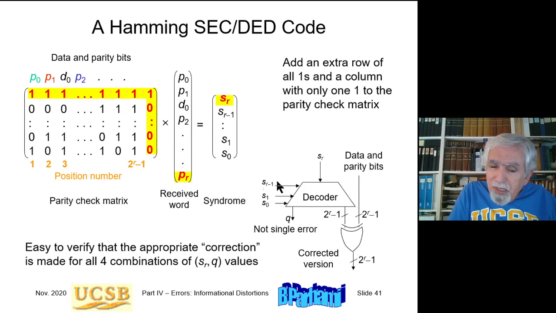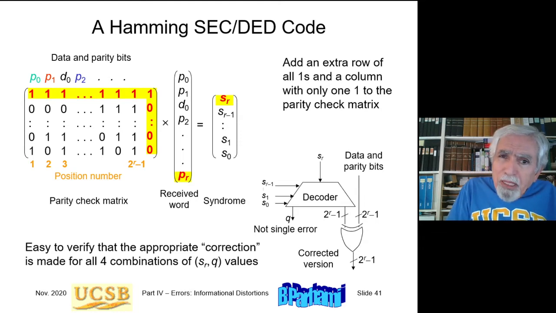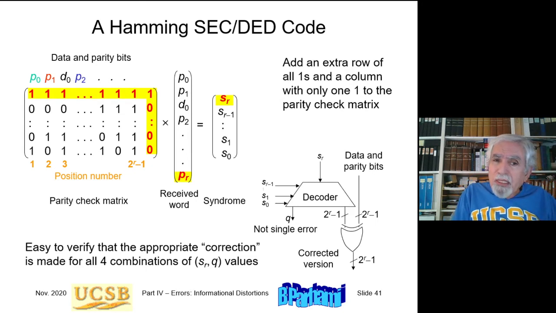Now if the syndrome is all zeros, then this bit will be asserted. And that means that we don't have a single error. There is an error, but it's not a single error. It's a double error. Otherwise, if any other output of the decoder is asserted, then there is a single error, and we just correct that single error. So any Hamming code can have double error detection capability added to it by simply adding one redundant bit.